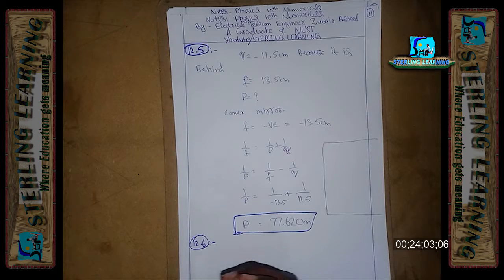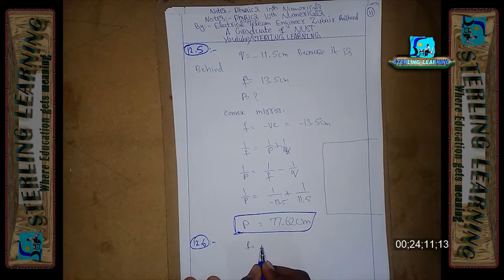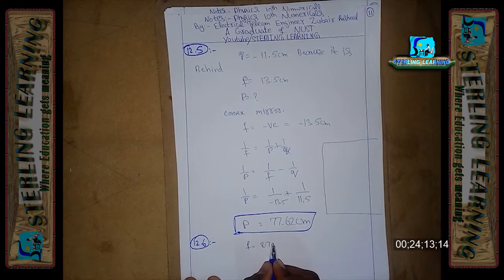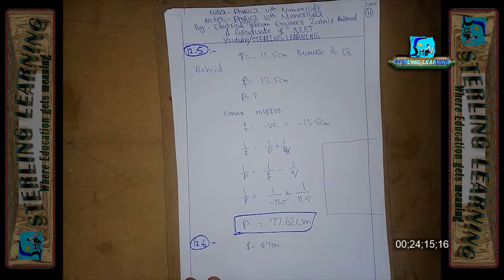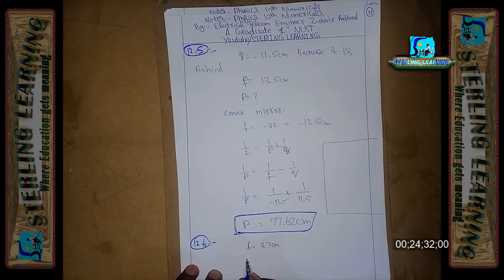An image is produced by a concave mirror of focal length 8.7 centimeters. F is equal to 8.7 centimeters, and it is a concave mirror, so for concave mirror F is positive, so 8.7 centimeter focal length is okay. The object is 13.2 centimeter tall.